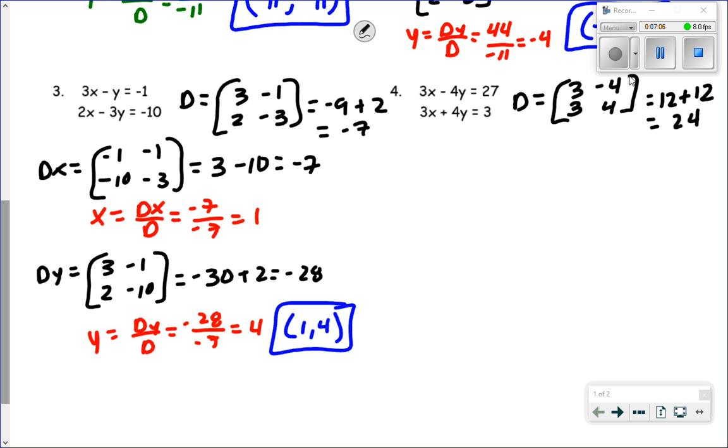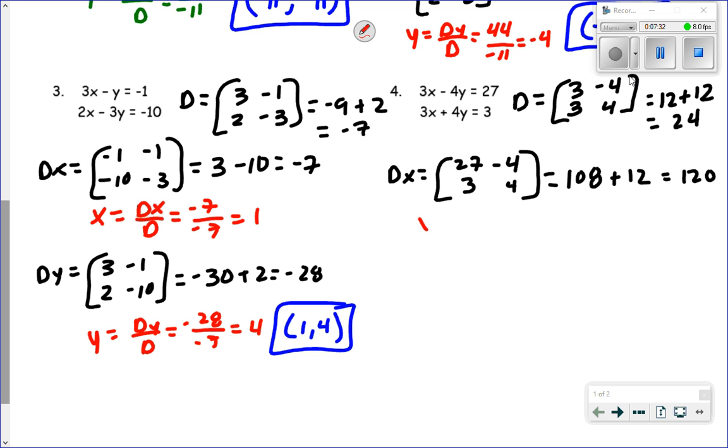So my original determinant is 24. Now I need to find dx. Take out the x column, replace it with 27 and 3. 27 times 4 is 108. And 3 times -4 would be -12, so it would end up being plus 12. So that would be 120.